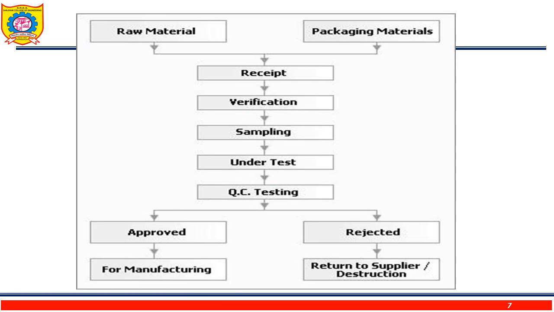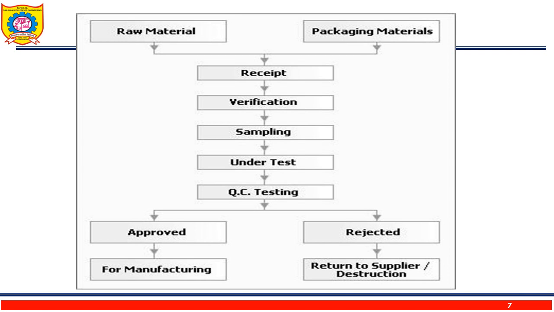Now see again, I have shown one more example. Raw material and packaging materials are available at the organization along with the receipt. The receipt is verified, checking whether the material and packaging material are as per the receipt or not. Then this material is sampled. After sampling, the sample is taken and tested in the quality department.